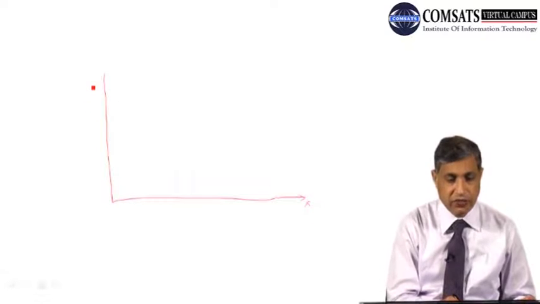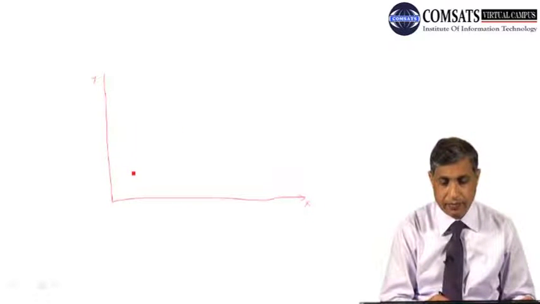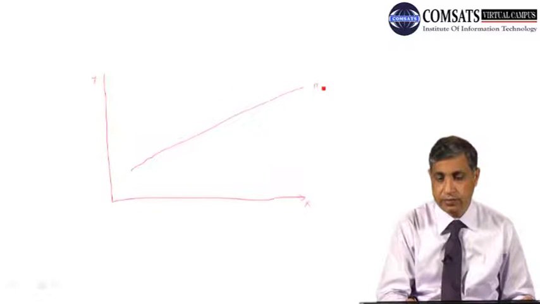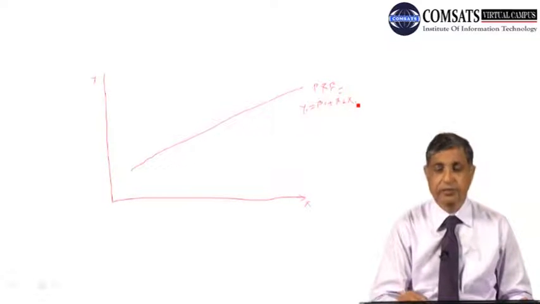So this is x, this is y. I suppose that this is the population regression function, equal to beta 1 plus beta 2 x, and y is equal to this one, yi is equal to xi.